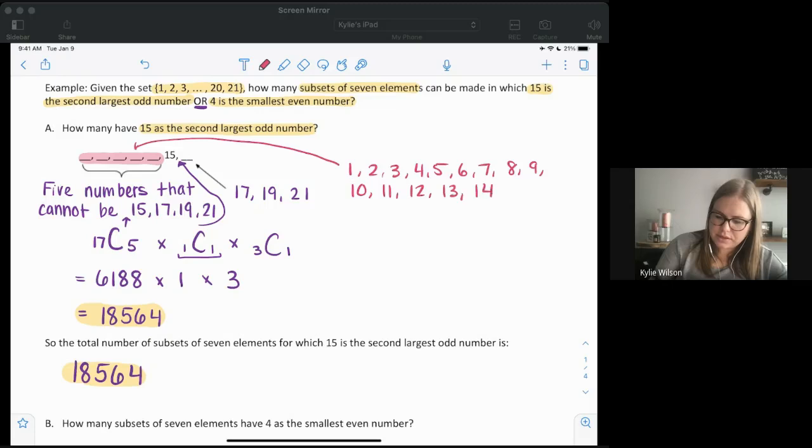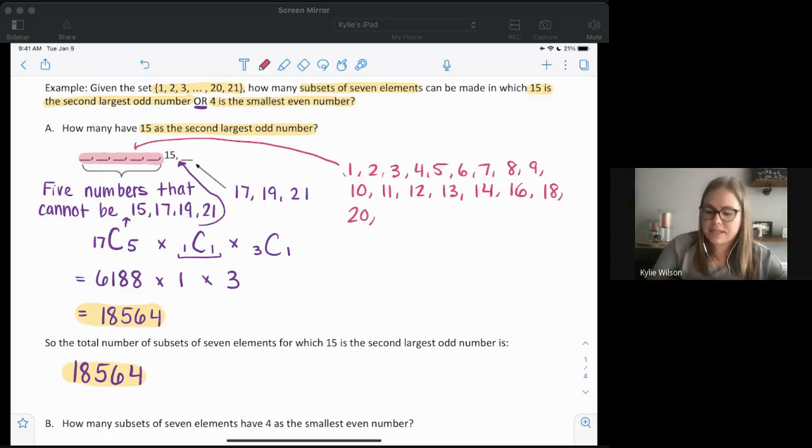Can't be 15 because 15 is already here. 16. Can't be 17 because 17 is already here. 18. Same with 19. Can't be 19. 20. Can't be 21 because 21's here.